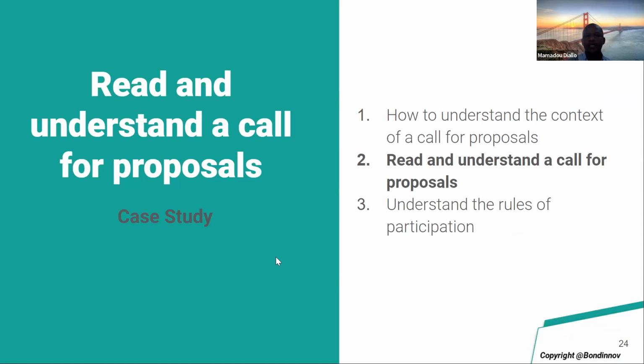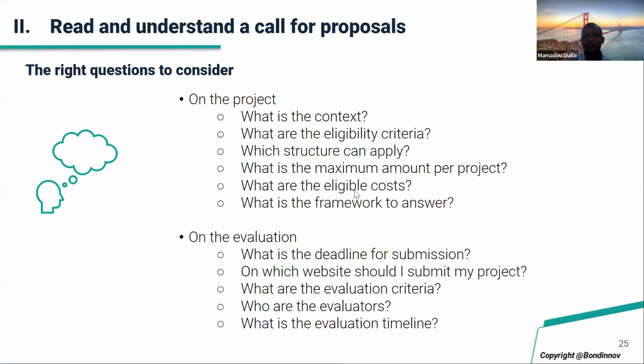So read and understand a call for proposal. What we want you to do in this step is to ask the right questions, of two types. The first is questions on the project itself. What is the context of launching this project?